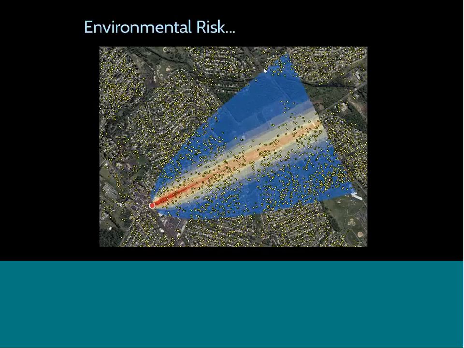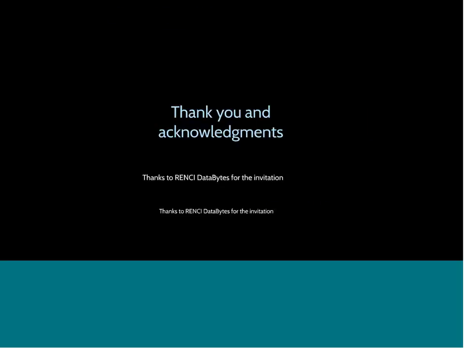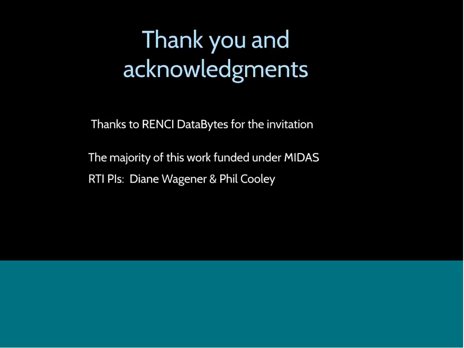And then we have that color-coded plume with the risk, and then we can overlay the synthetic population, the households, the yellow dots, and we can very easily calculate a risk for each household, summarize it by each gas station or across the country to have a better estimate of risk. So that's another application. And I will close there.